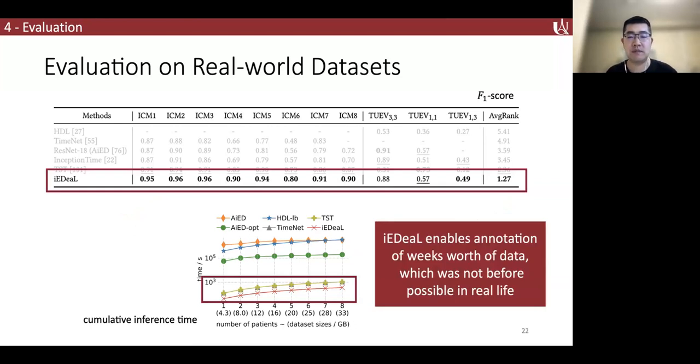So from these results, we can safely conclude that IDEAL enables annotation of weeks of data, which was not possible before for neuroscientists. This enables many more study opportunities for neuroscientists.